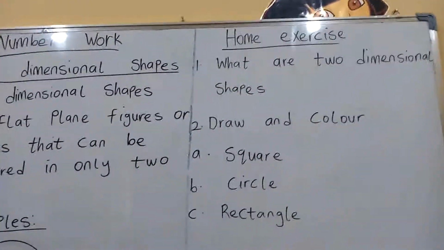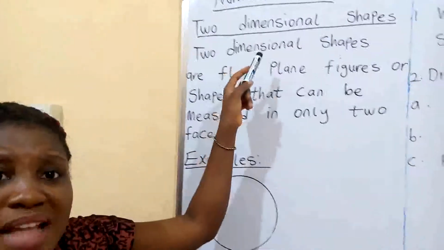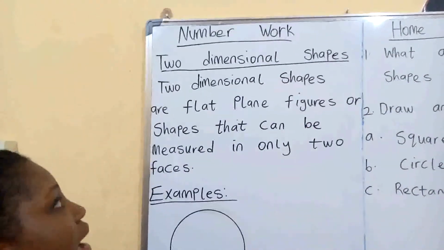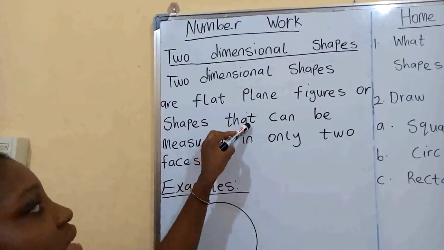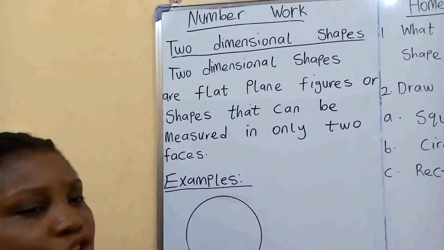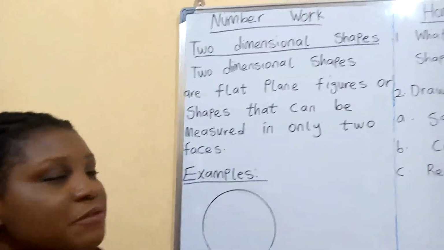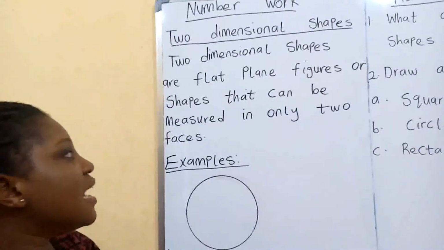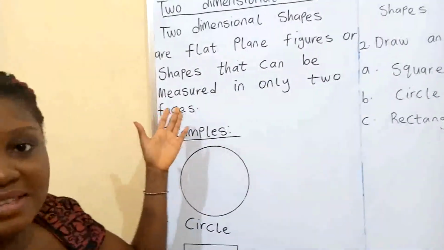Okay, so what have we discussed so far? We have said that two-dimensional shapes are flat plane figures or shapes that can be measured in only two dimensions or faces.